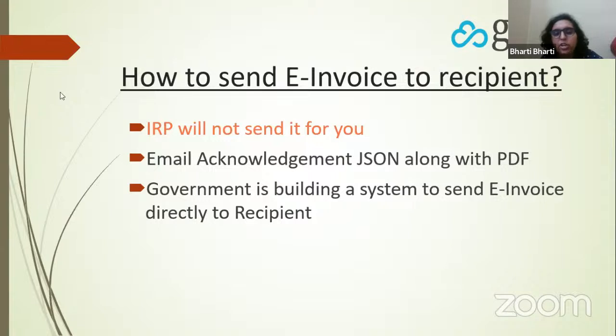When you send the acknowledgement JSON, the customer can verify whether it's a genuine e-invoice by using that acknowledgement JSON or by scanning the QR code in your PDF. The government is in the process of building a system to send the e-invoice directly to the recipient. GST then also provides a method to directly email the e-invoice.